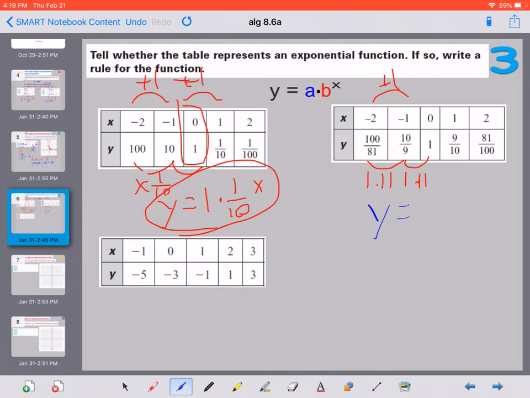So y equals, we start here at 1 times, and what we're actually multiplying by is 9/10.